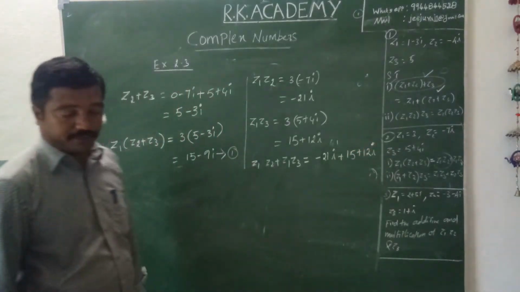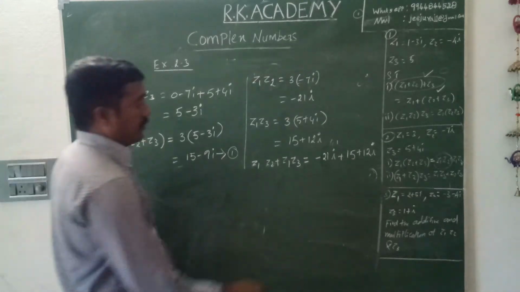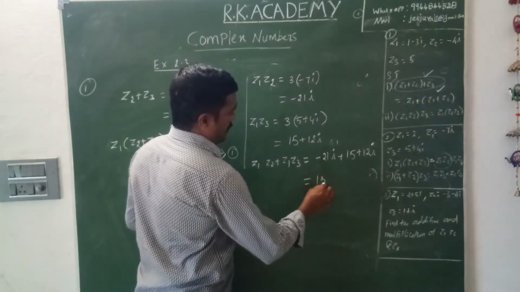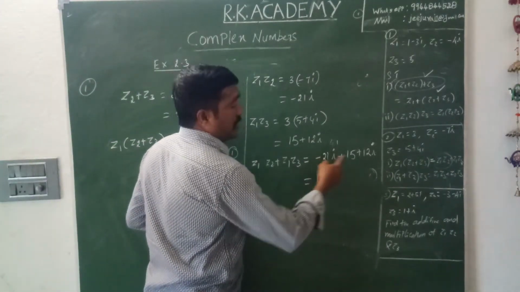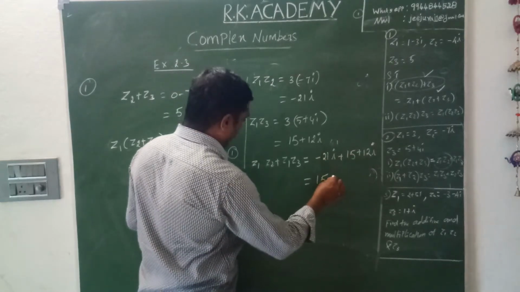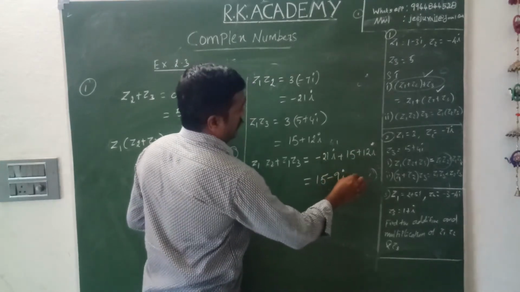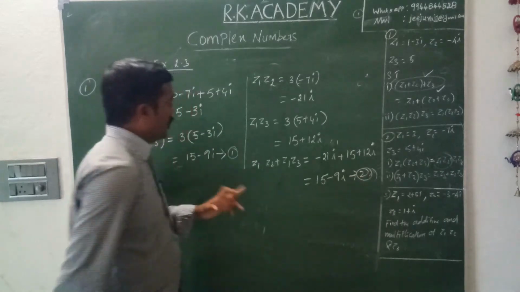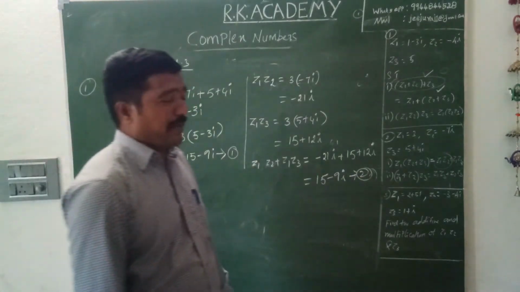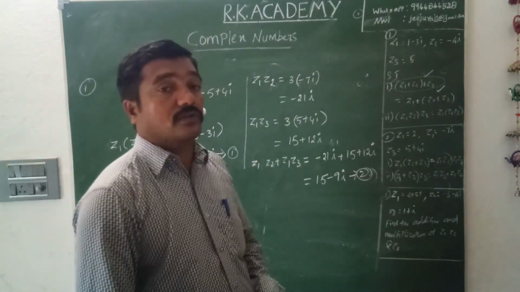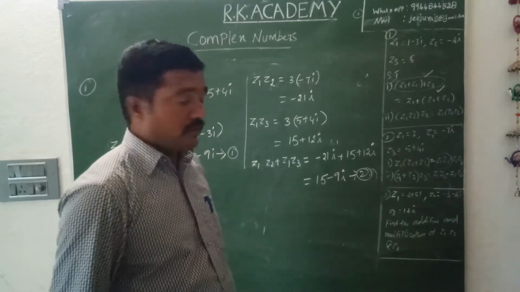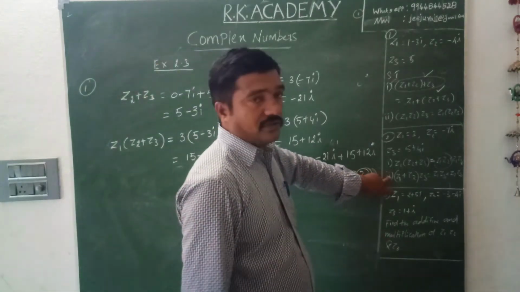What will happen? Okay. Now listen, what about the real part? Real part is 15, and the imaginary part is minus 21 plus 12, I mean minus 9i. It's the same as the second one. Now the distributive property is true. Okay, you can just try this one.